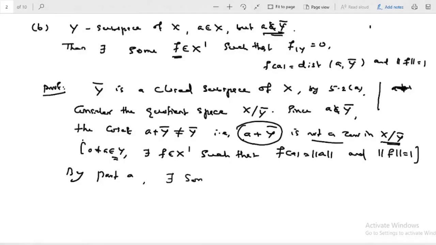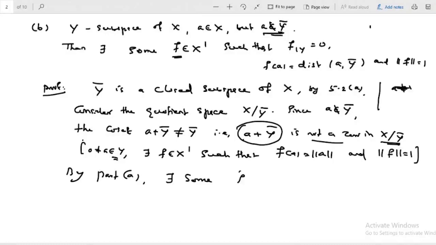There exists some continuous linear functional on X by Y closure. This continuous linear functional on X by Y closure, നമുക്ക് F tilde എന്ന് വിളിക്കാം.